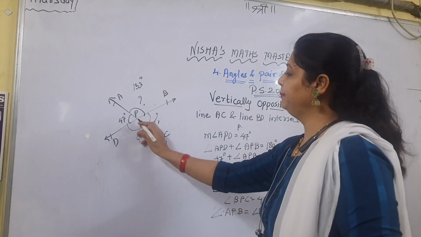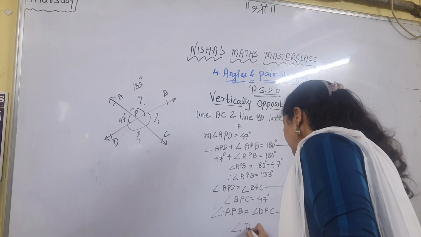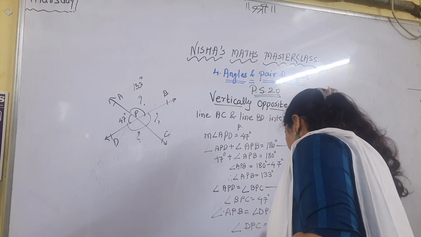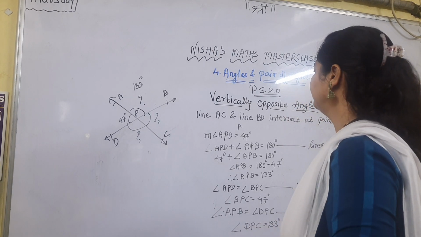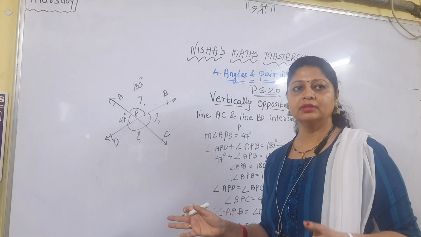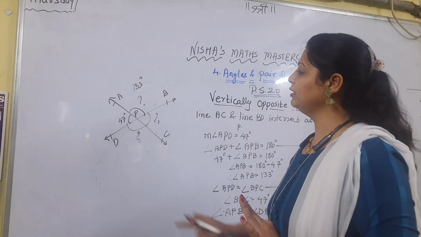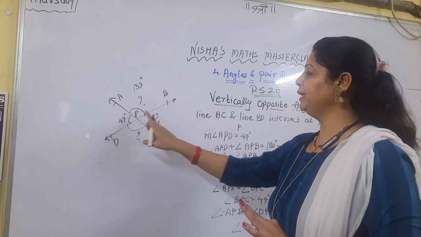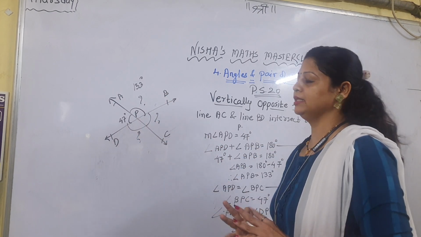So DPC is 133 degree. Understood? Only three measurements we want. APD they gave. We have to find out angle APB, angle BPC and angle DPC.